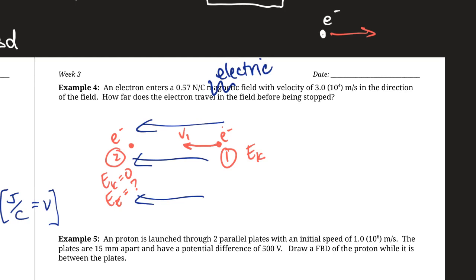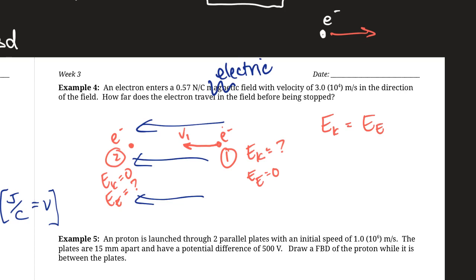Now, the formula for electric potential energy has distance in it, so we should be able to use that. So the key here is at the beginning, at point 1, our electrical energy is 0, our kinetic energy is some value, which we can calculate, and at the end, it gets swapped. So what we can basically say is that our electrical energy at the end and the kinetic energy at the beginning are going to be equal to each other. So EK equals EE, right?